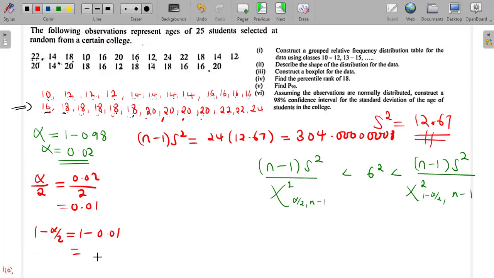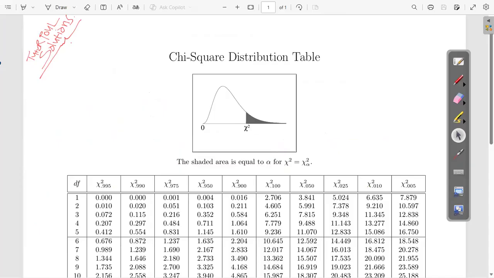So this is going to give me 0.99. So the chi-squared values that I want to get from the table are chi-square 0.01, 24, and chi-square 0.99, 24. So I have to get this from the table.